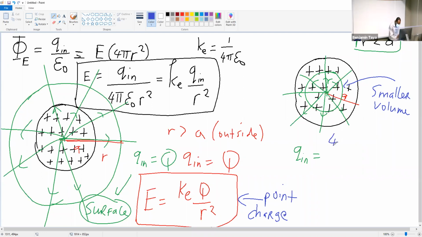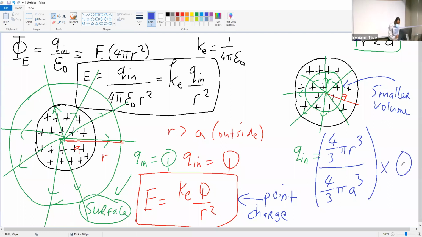I can say this is equal to 4/3 pi R cubed over 4/3 pi A cubed, times Q. What I'm saying is that if I have a smaller volume, then the total amount of charge in this smaller volume is just a fraction, right? So take the smaller volume divided by the total volume, that tells me what fraction of charge I have in there.